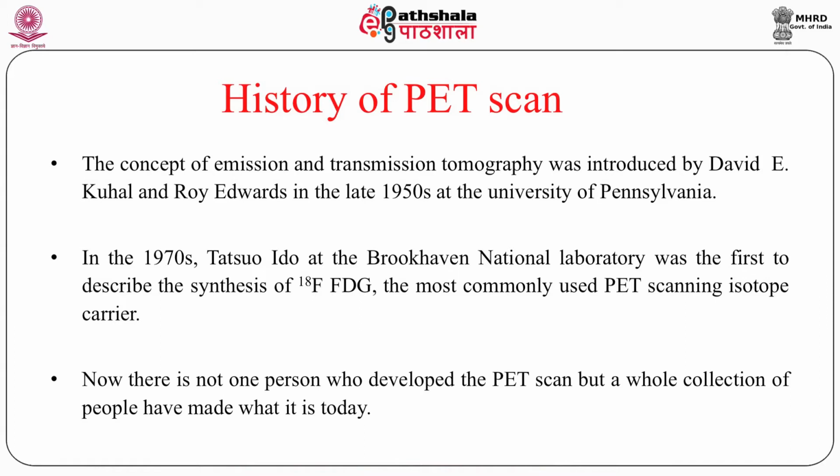But the other positron emitting isotopes like carbon, nitrogen, oxygen, because of short half lives, may not be feasible to send from one place to another. Now, we know what fluorodeoxyglucose does, and we will get to know more about it in the next few slides.